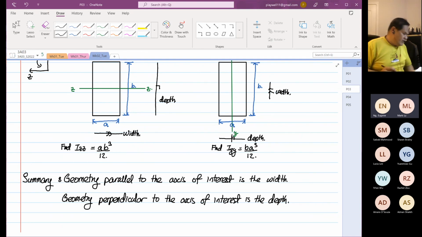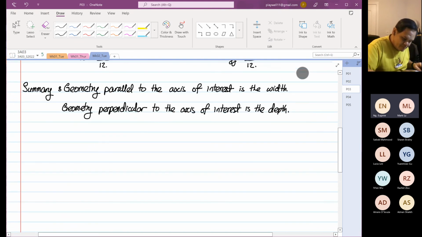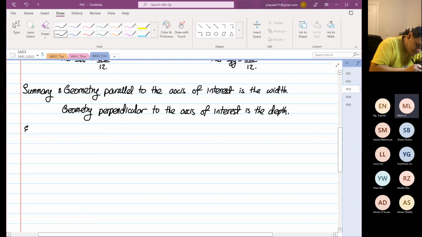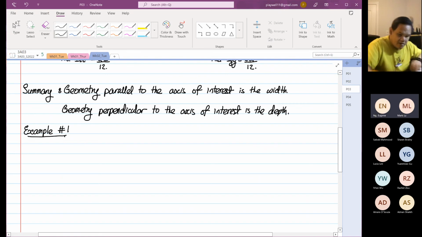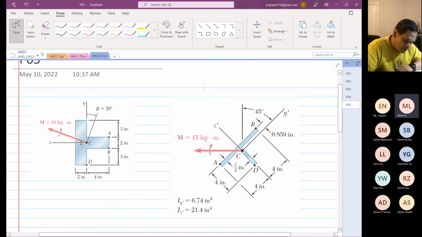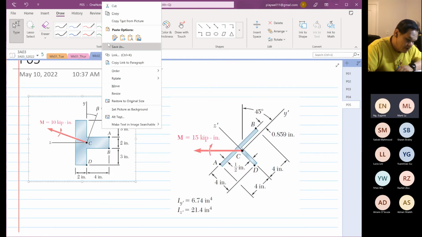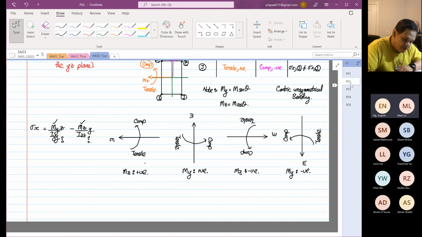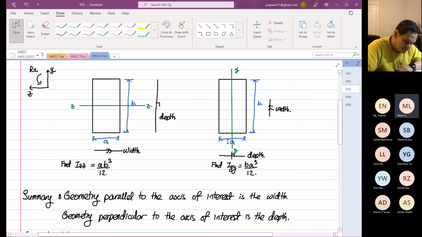After talking for so long, let's look at example number 1. You can find the example on Avenue to Learn, where I posted this image.